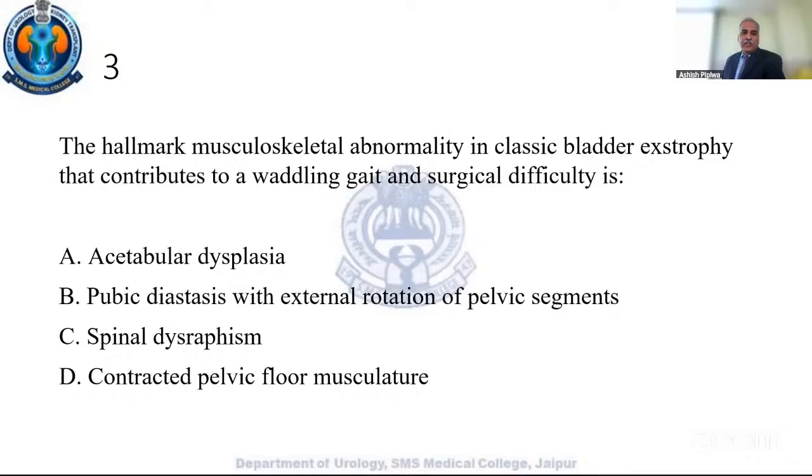So this waddling gait is due to that. We know there is a retroversion of the acetabulum. Spinal dysraphism can happen in 7% of classic extrophy, and in a large number, 90%, in cloacal extrophy. And pelvic floor musculature, again, the anterior segment is short, and the posterior segment is large. Same thing as the bone.